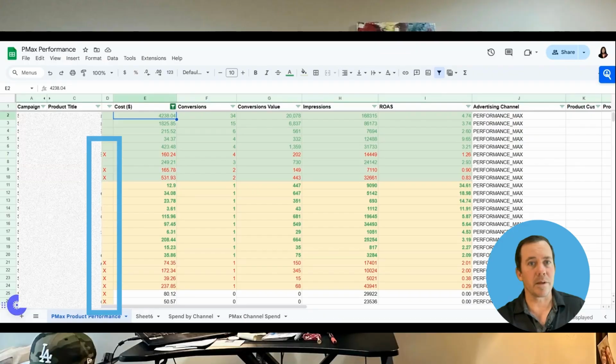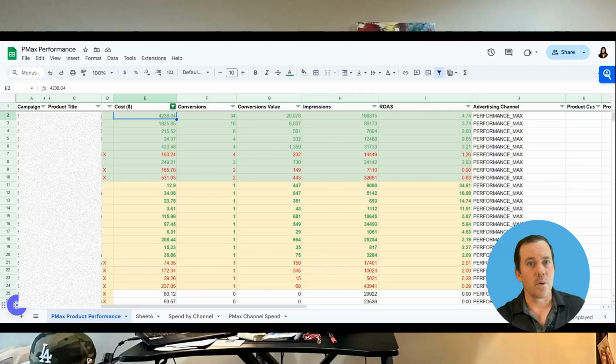In fact, we don't recommend using automated scripts. Rather, we want to flag issues before making changes between campaigns. We will do the same for products with a few conversions and flag those that are not profitable. I also like to mark the products that are profitable so they stand out.